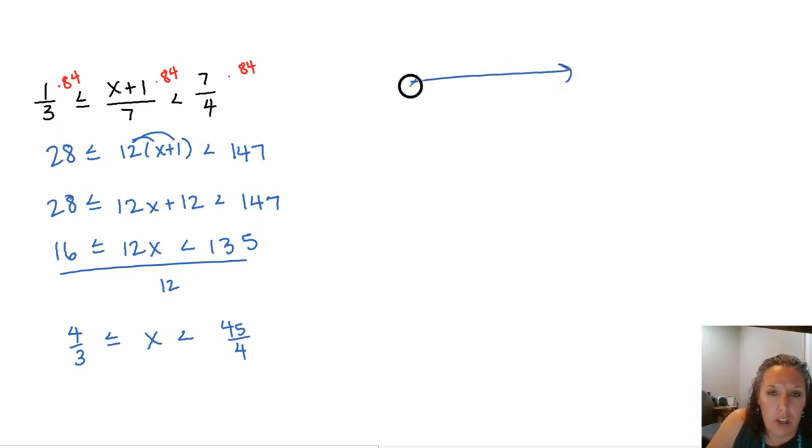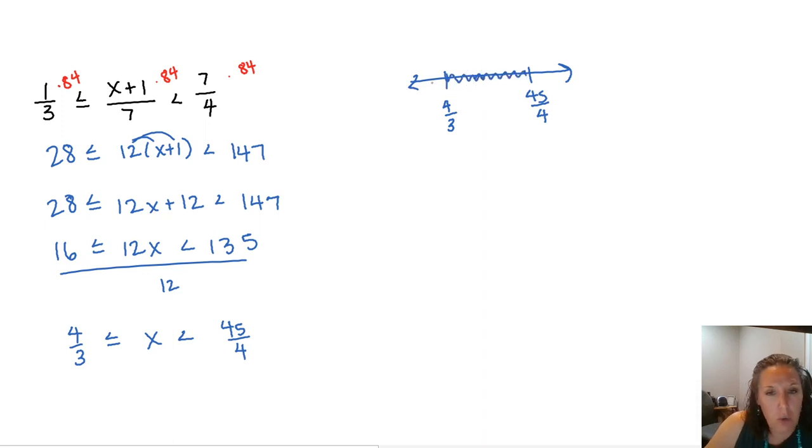If we look at a graph, 4/3 is the smaller number, that's 1.333. 45/4 is a little bit bigger than 11, and so 4/3 is the most negative and 45/4 is the most positive. We want the ones that are bigger than 4/3 and smaller than 45/4.